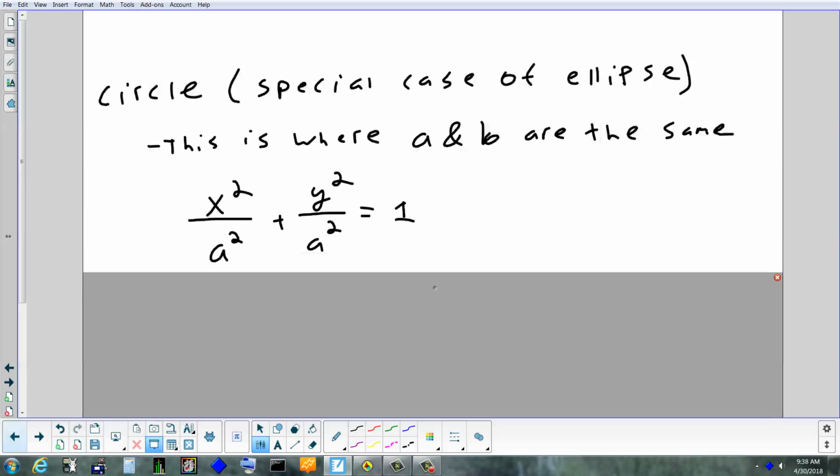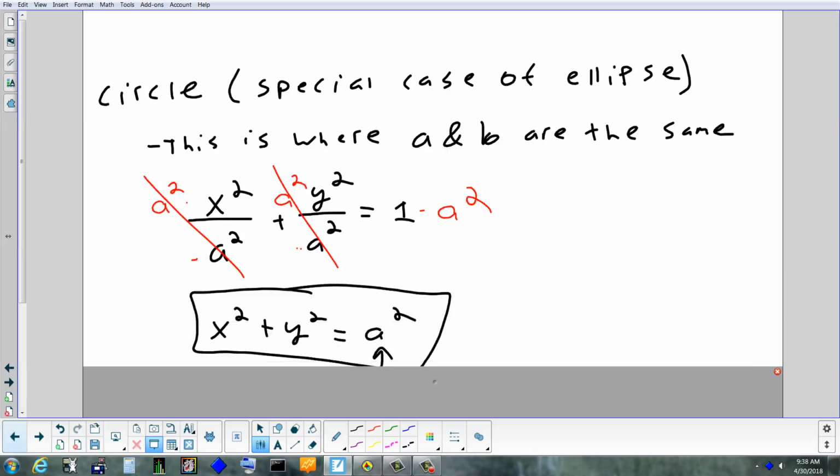And what they usually do when they write the equation of a circle is, since these two letters are the same, move that one letter to the other side and have an equation without fractions. So what would you have to do to move this a squared to the other side? Multiply by a squared. So they multiply everything by a squared, and then you get x squared plus y squared equals a squared. Now, they actually don't even use the letter a.